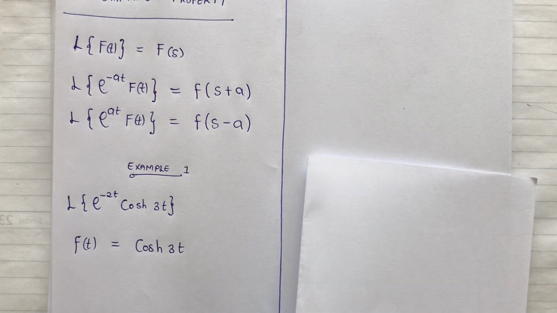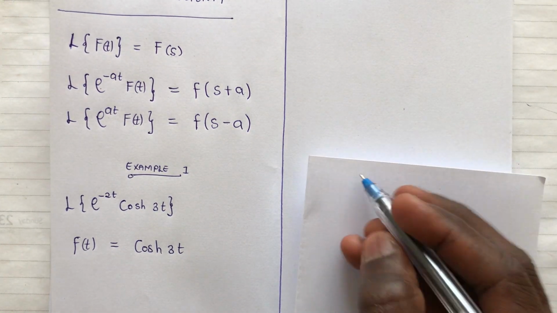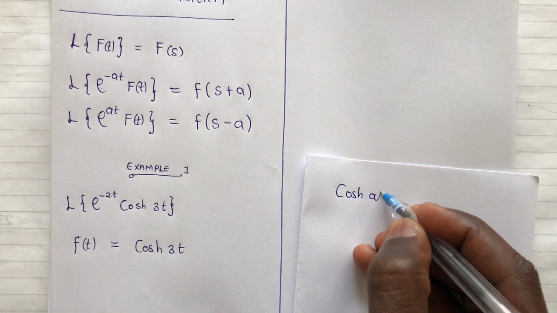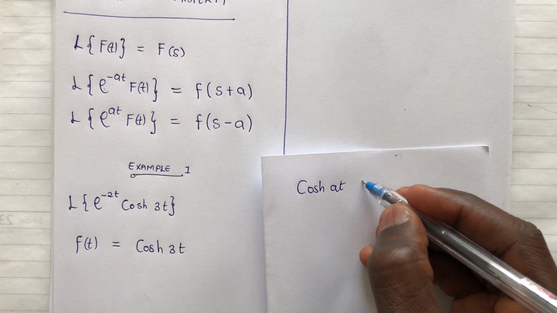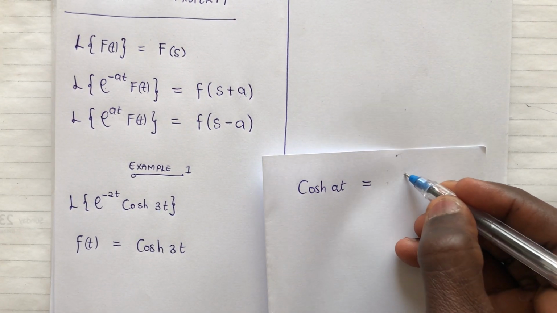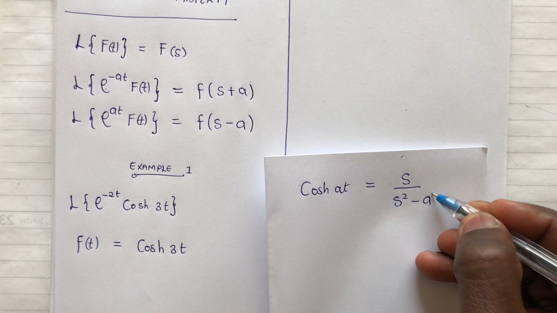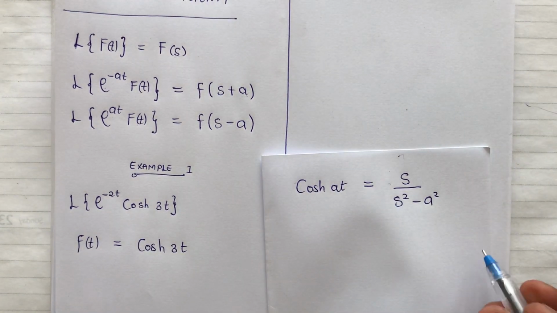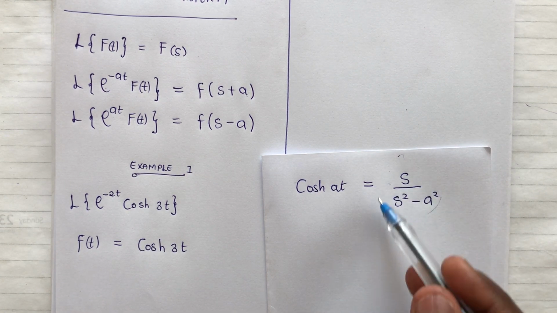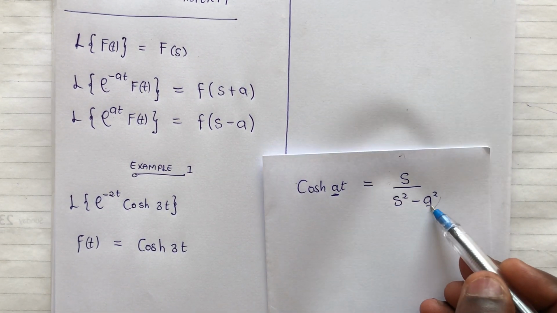Now, we find the Laplace transform of cosh 3t. Previously, we learned the Laplace transform of cosh at, and we learned that this result is equal to s over s squared minus a squared. So now from this analysis, a here is what we have here.